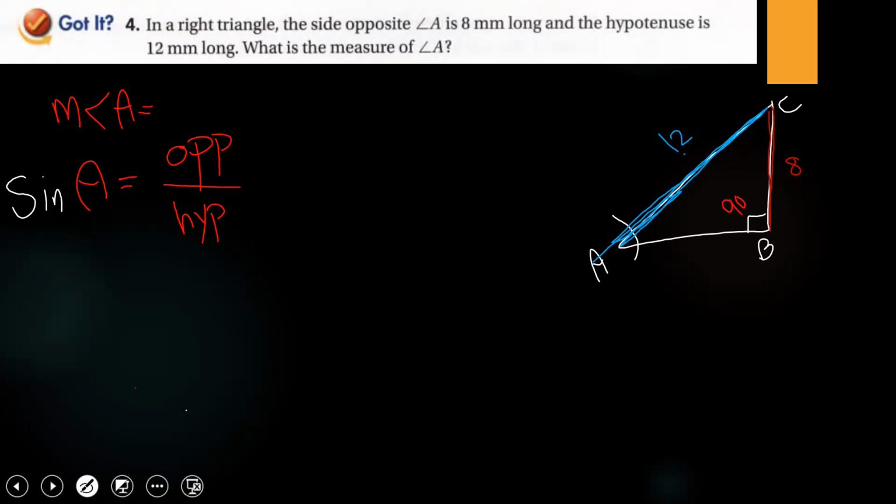Then opposite over hypotenuse will be the sine. So after that, let's now evaluate. What is the measure of the opposite? It is 8. And the hypotenuse is 12. So I say 8 over 12 equals sine A.